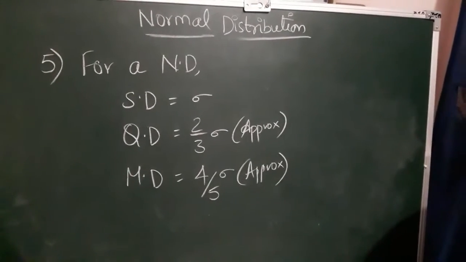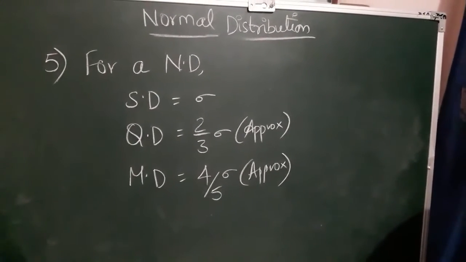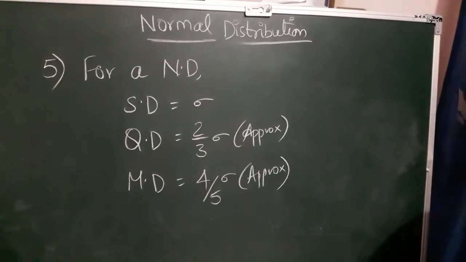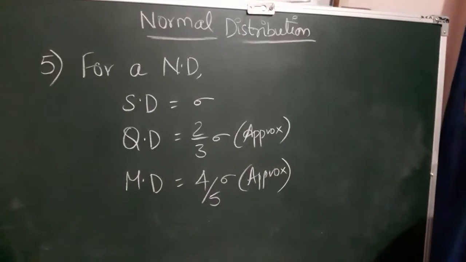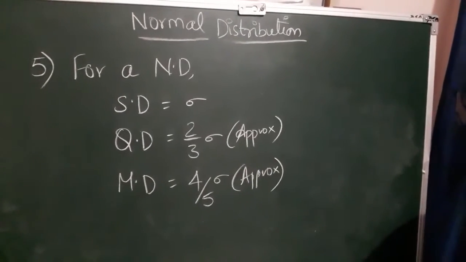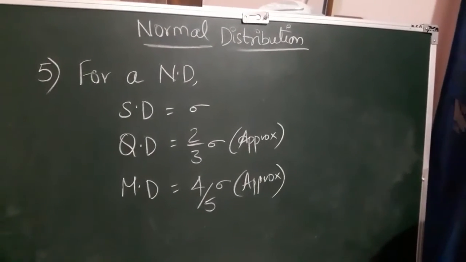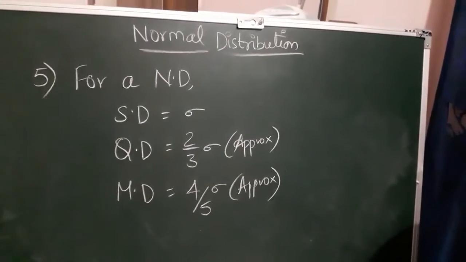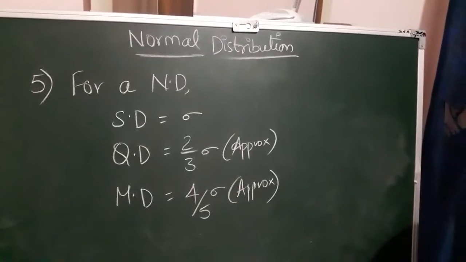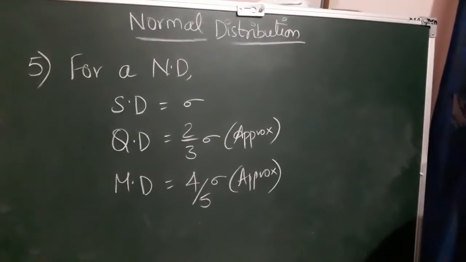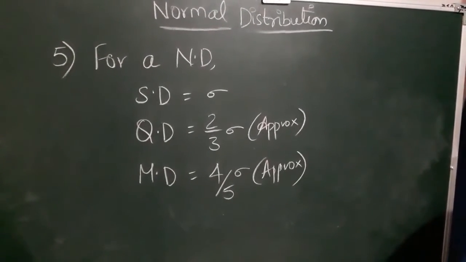And mean deviation, that value will be 4 by 5 sigma. Let us consider these are the formulas. Standard deviation is sigma, quartile deviation is 2 by 3 sigma approximately, and mean deviation is 4 by 5 sigma approximately. So in a normal distribution, these are the 3 terms. This is property number 5.